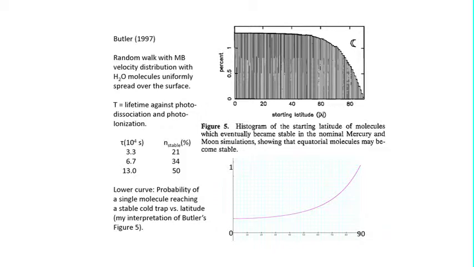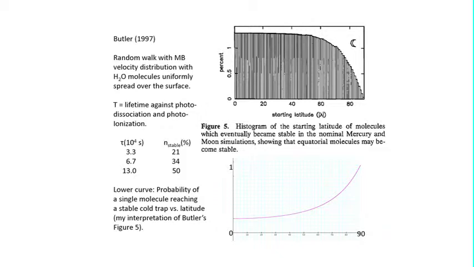Now, photoionization is probably going to be the end of it because it'll get swept away by the solar wind. Photodissociation, maybe, maybe not. It has a chance of recombining. Even ions have a chance. The OH ion has a chance of recombining. But he just put a parameter in here, which is that lifetime.